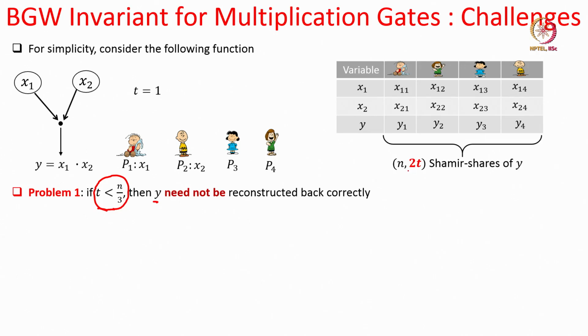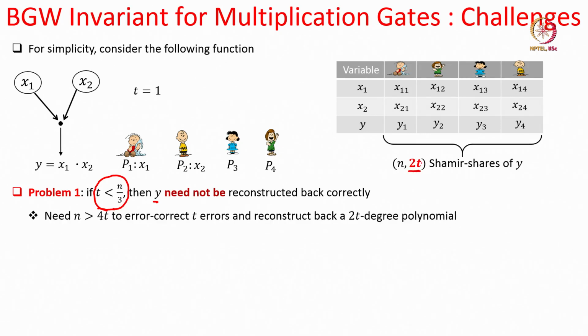This is because now the degree of the underlying sharing polynomial is 2t. Specifically, we need the condition n greater than 4t to hold to error correct t errors and reconstruct back a 2t degree sharing polynomial, right.